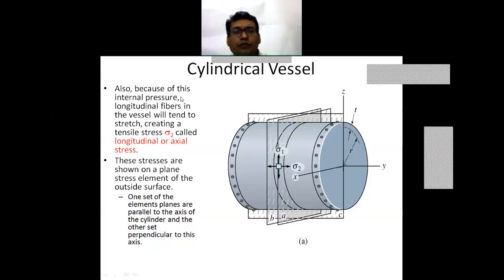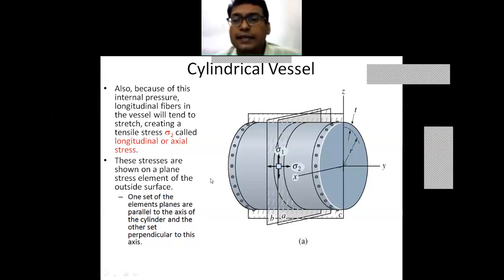Because of this internal pressure, the longitudinal fibers in the vessel will tend to stretch and create a tensile stress sigma 2, that is called the longitudinal or axial stress.